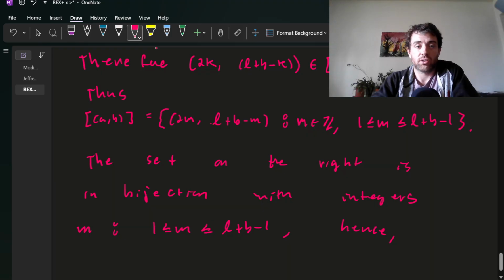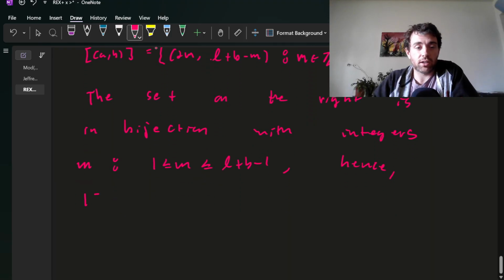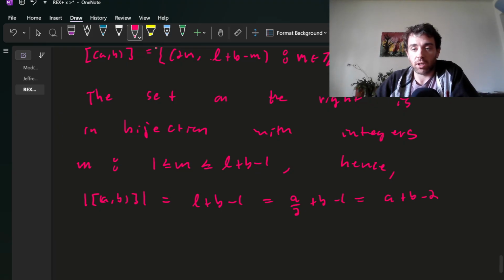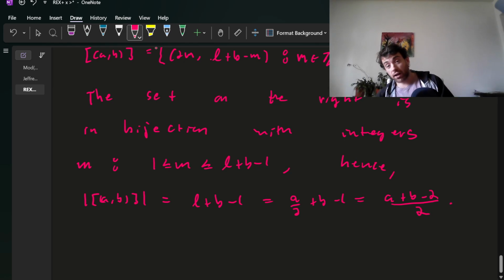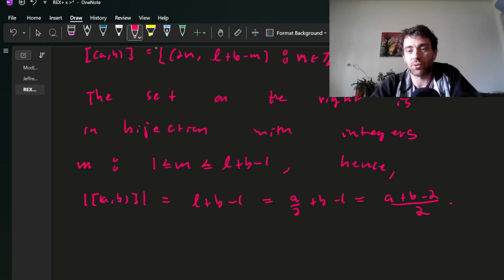Hence, the cardinality of AB is equal to L plus B minus 1, or as I said before, we can rewrite that in terms of A and B, so A plus B minus 2 over 2. Okay, so that concludes the proof for the case of even A, right?